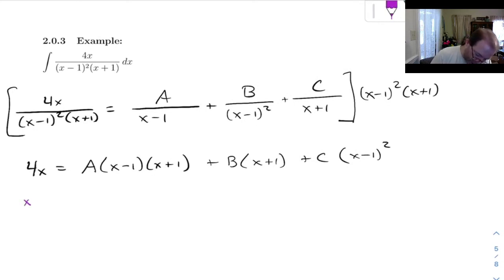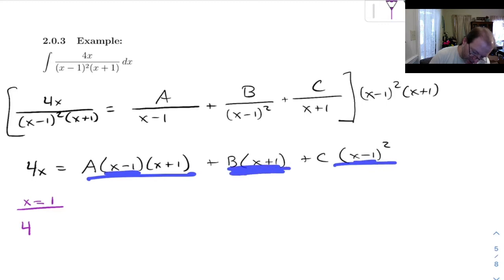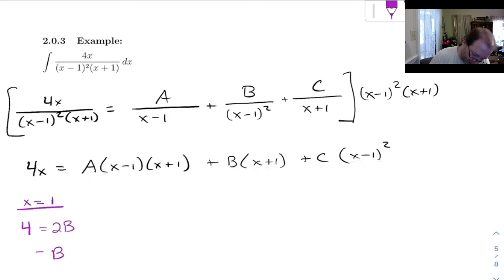If you plug in x equals 1, you get 4 on this side, and let's see, the 1 is going to make this cancel away to nothing, and this. And then this is going to be B times 1 plus 1. So 2B. So we've got B is 2.